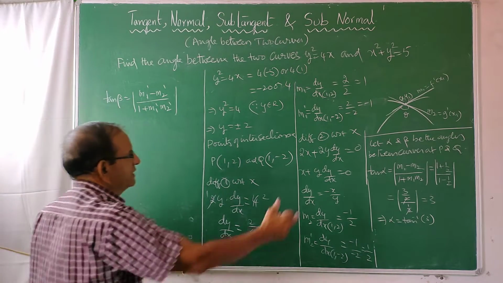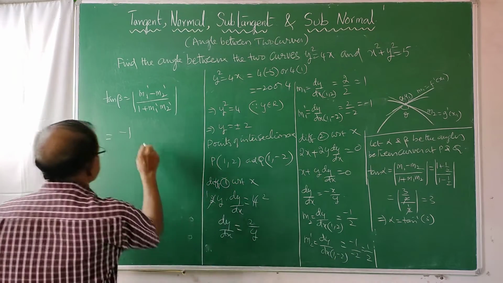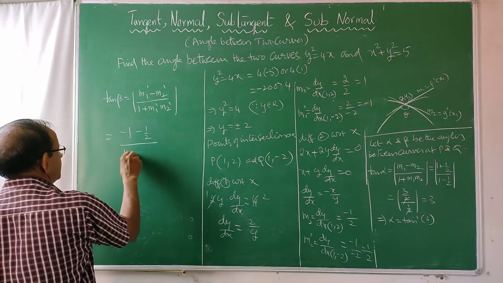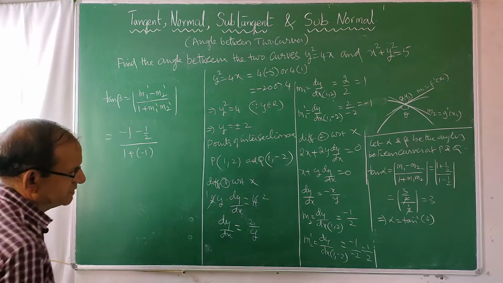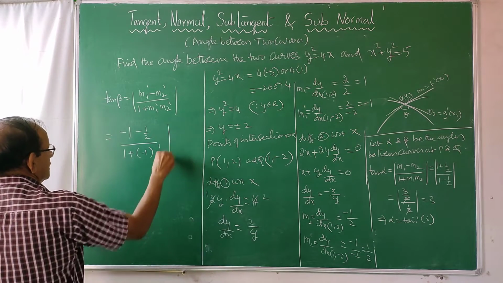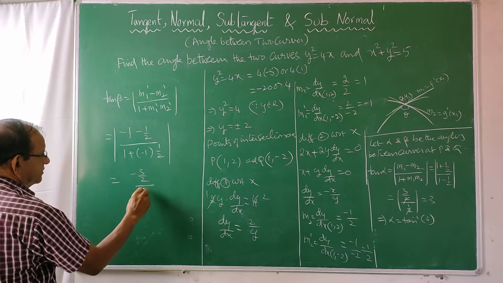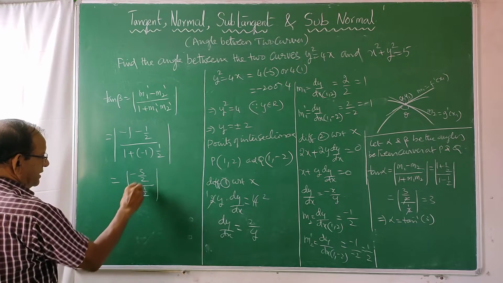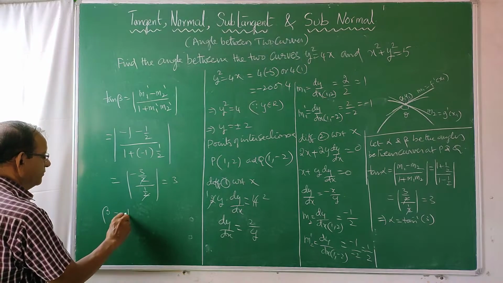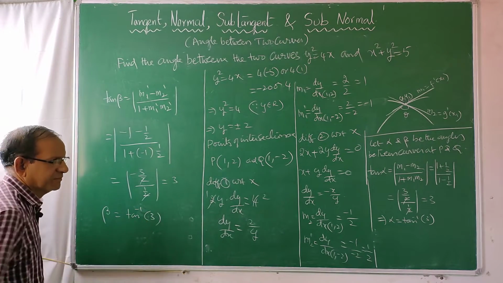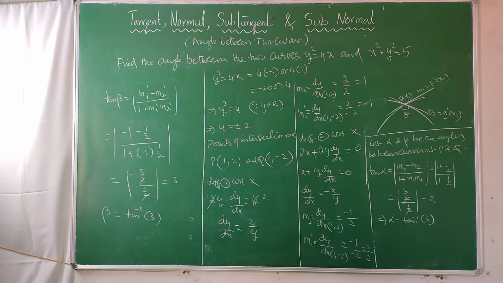Substitute the values: m1 dash is minus 1, m2 dash is 1 by 2, so the numerator is minus 1 minus 1 by 2, by 1 plus m1 dash m2 dash, that is 1 plus minus 1 into 1 by 2. So this is minus 3 by 2 by 1 by 2. Again the 2 is cancelled, and you get 3 in magnitude. So beta is also equal to tan inverse 3. So at both points the curves are intersecting at an angle of tan inverse 3.